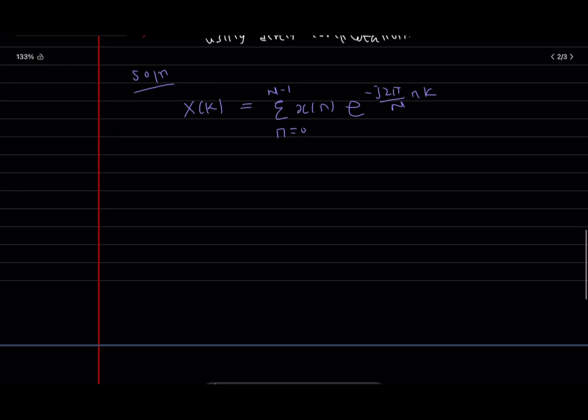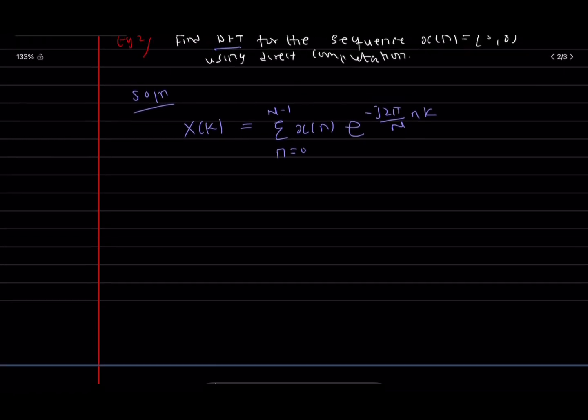So this is the general formula, right? And what you need to know is that we have x of n equal to 5 and 8. Now we can come out with the fact that N is equal to what? 2, right? Because we have two elements, which are 5 and 8.